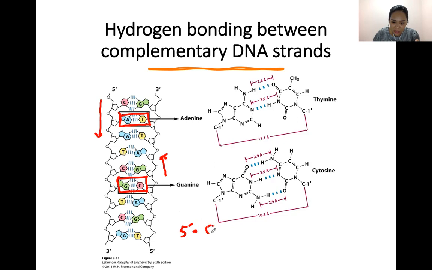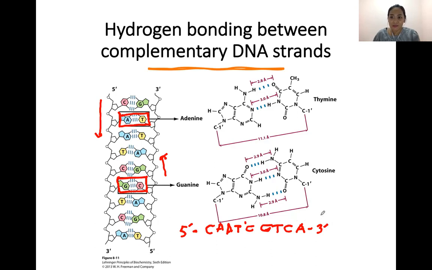We can also write it in this way, CAAT, CGTCA. And then do not forget to write that on the last side is the 3' end.